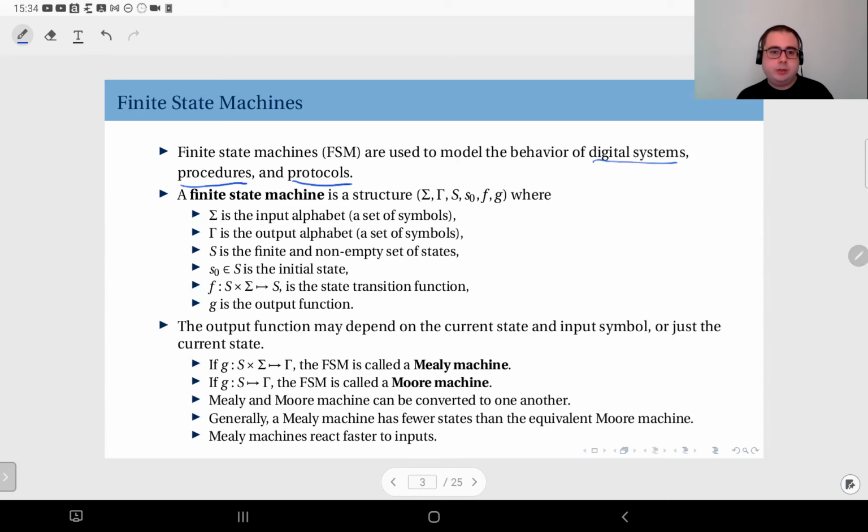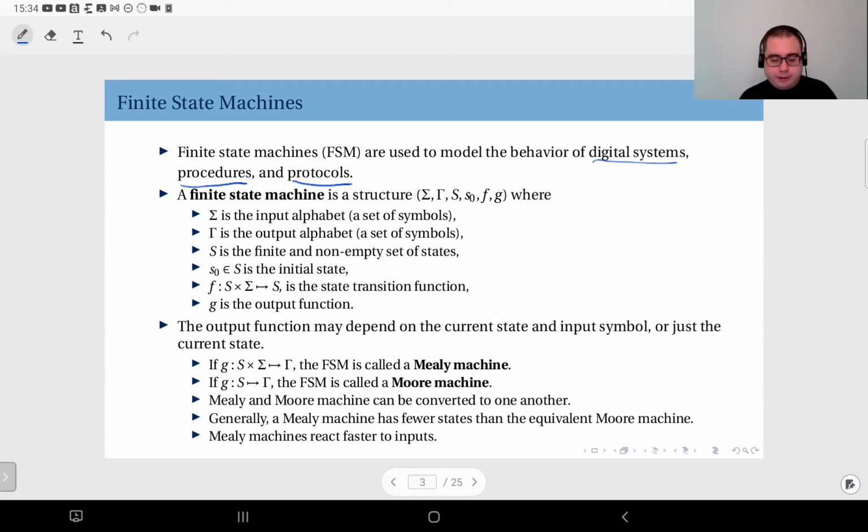So what happens when a certain input occurs and in what state you are in. According to these, you can decide on what action to take, for instance, what output to produce, if that's possible, and what kind of state transition you need to make.